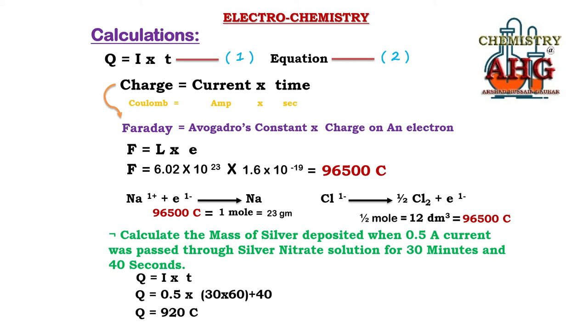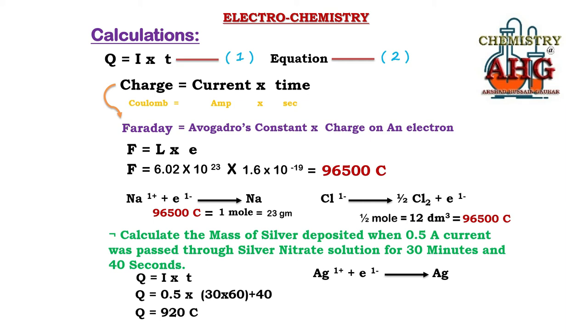Now you can see in this sequence of steps, step 1 we have already completed. Now let's move on to step 2. You will write down a balanced equation. As I have told you in the beginning, since silver is a metal, metals undergo reduction. So you are supposed to write down an equation for the reduction of silver. Silver carries a charge of 1 plus. So you can write this equation: Ag+ plus 1 mole of electron gives 1 mole of silver. Now look at this chemical equation and what relationship you can get from it.